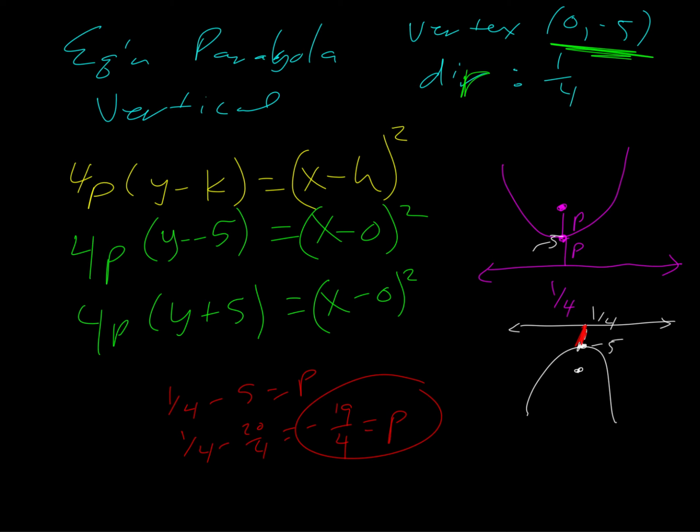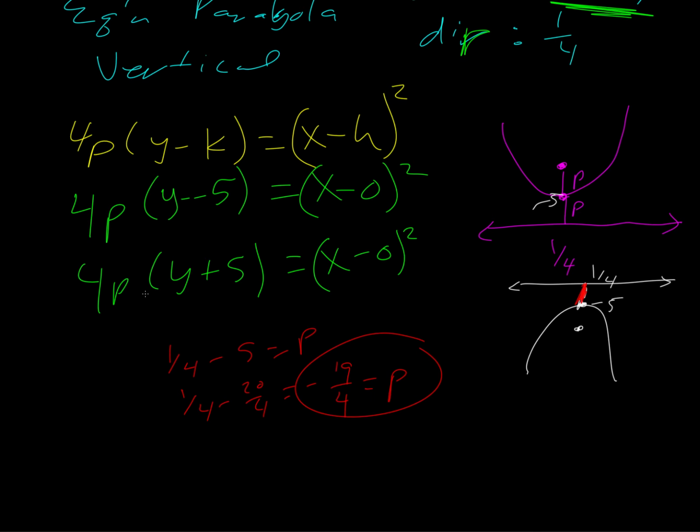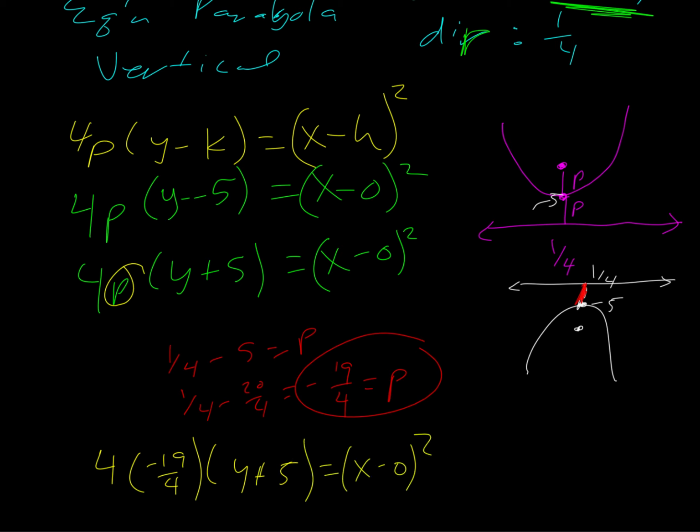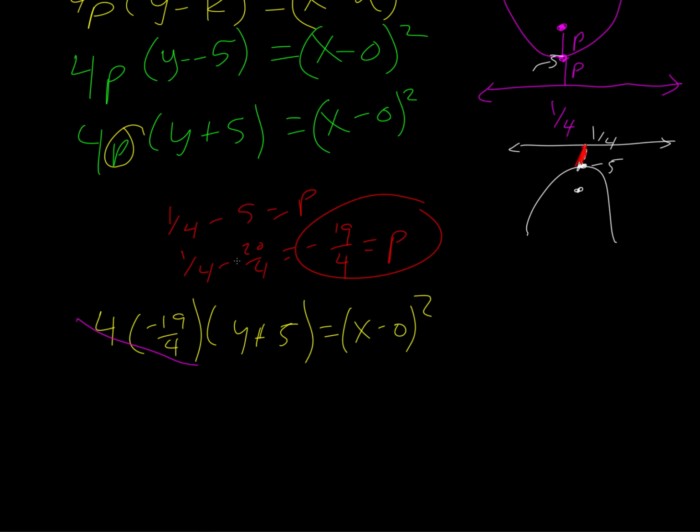And when we plug that in for this p, we get 4 times negative 19 over 4, times (y plus 5), that's equal to (x minus 0) squared. And these 4's are going to cancel.